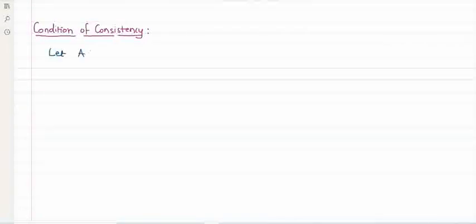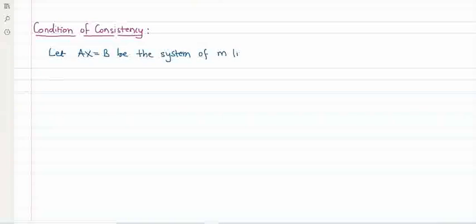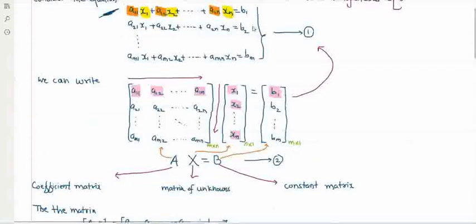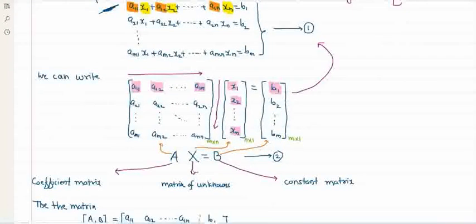Let Ax equal to B be the system of m linear equations in n unknowns, and this system is non-homogeneous, given by equation number 1. What is your equation number 1? The one at the beginning, okay? And that same equation number 1, we are representing in matrix form as Ax equal to B.